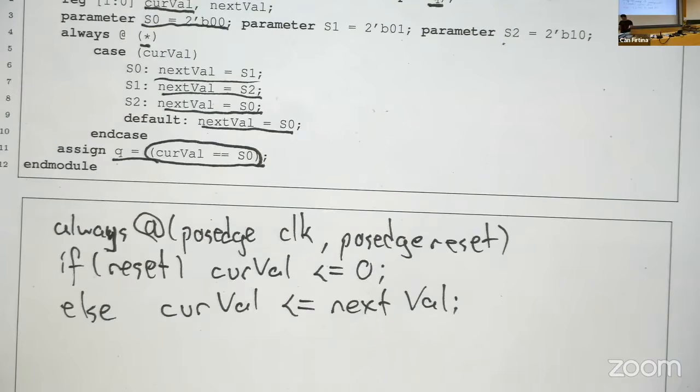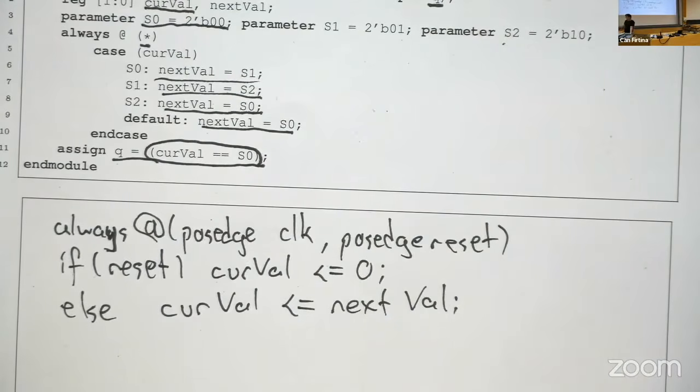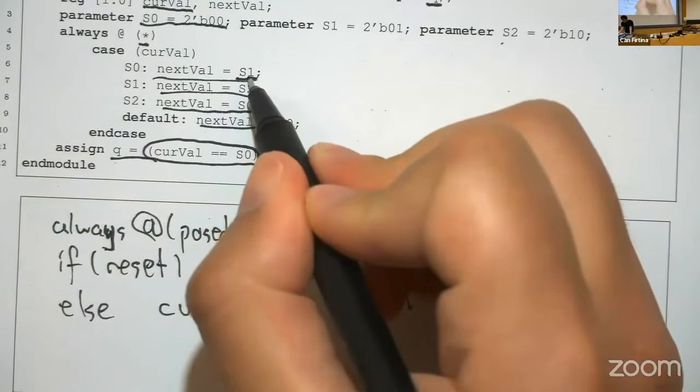And then if you trace the code, you will see that the current value starts with 0, so it will output a 1 when we reset the circuit, basically. When we set the reset signal and the clock hits, the current value will be 0, so Q will be 1 in the next cycle. And then the next value will be assigned to S1.